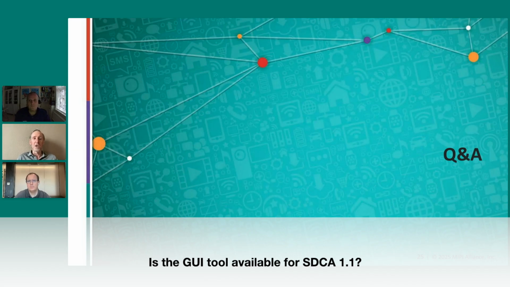It's a generic tool that basically takes a template. And so the templates themselves will need to be provided by each of the specs. The MIPI process is such that that will be what we call a supporting document. And no, there is not a template available for SDCA 1.1 yet, but that's something that we will be introducing shortly. And so in that particular way, the tool itself really doesn't matter.